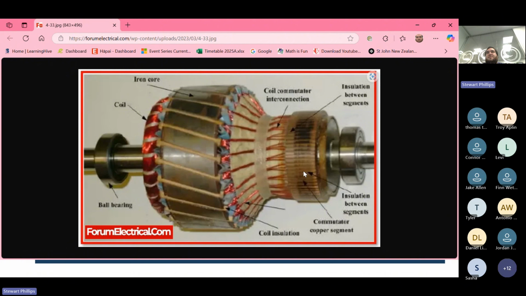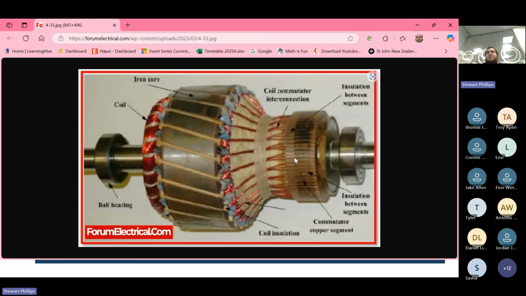And you can see that these are individual copper segments, which would have a brush attached to, I would guess, a number of different segments to have a decent voltage induced into it. Yeah, so a coil can be made up of 1 to 100 wires. It's just a loop of wire that runs from up here to the other end and then around to the opposite side of the same segment.